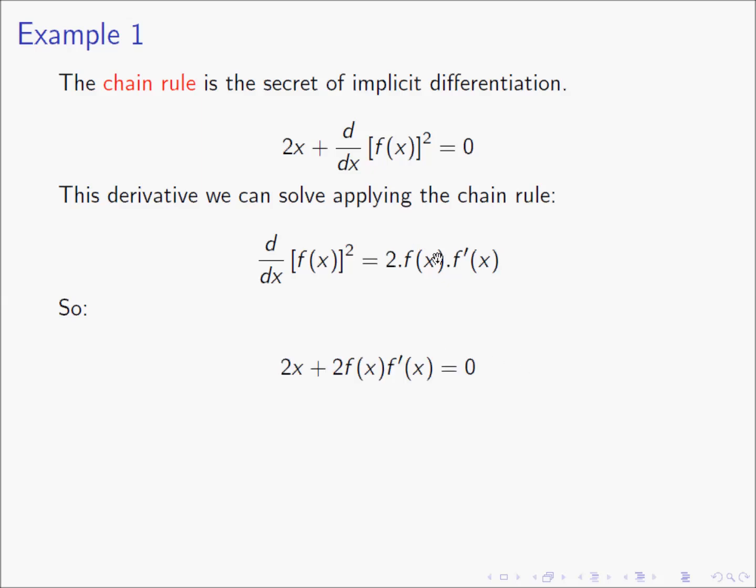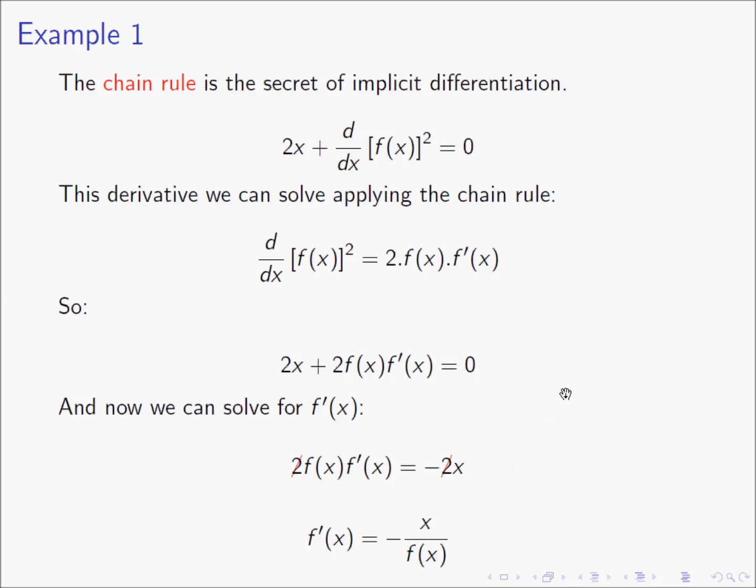So we replace this in our equation here, we get this. And now we only need to solve for f prime of x, because remember, we're trying to find the derivative of f. If we solve for f prime of x, here we subtract 2x from both sides, we divide by 2, and we get this expression of f prime of x.